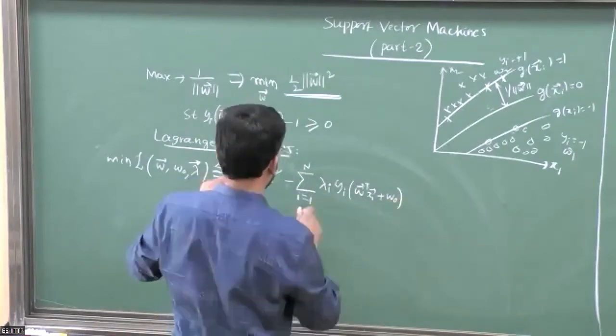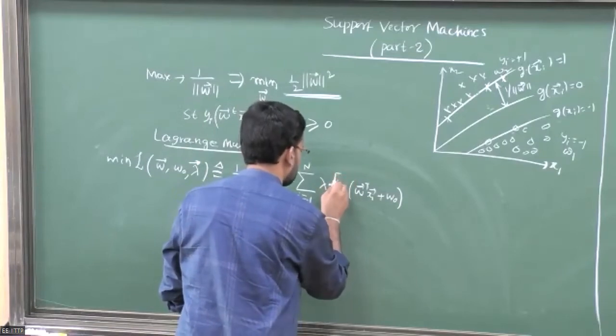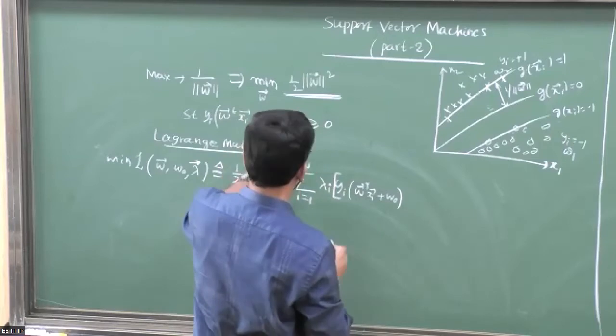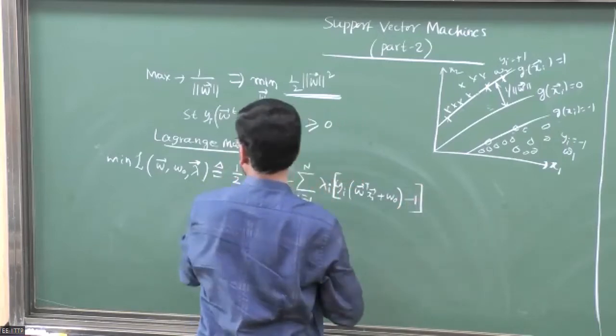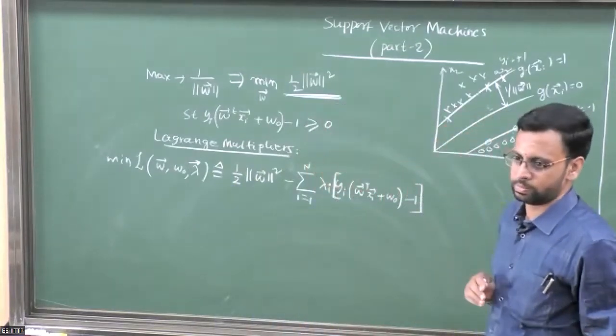Okay. Well, this lambda i is for the whole constraint. So I would apply it over the whole, this minus 1. This is my new minimization problem.